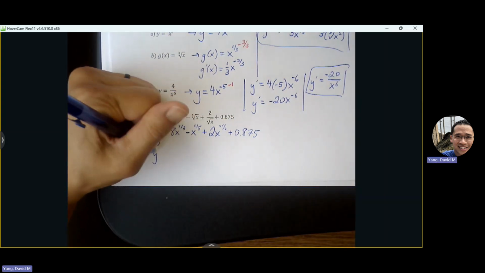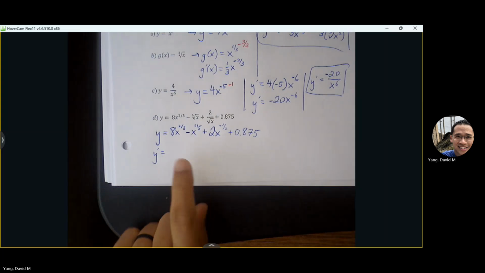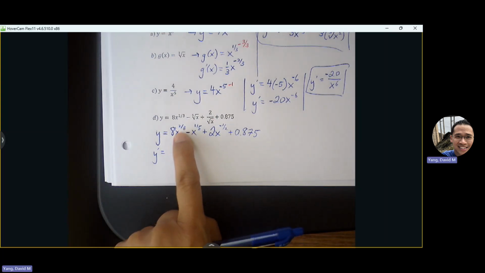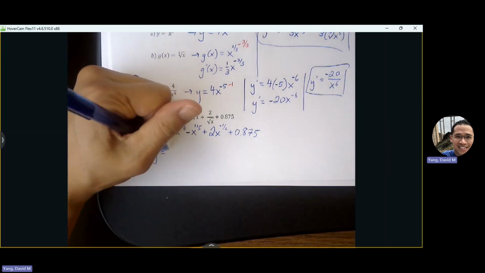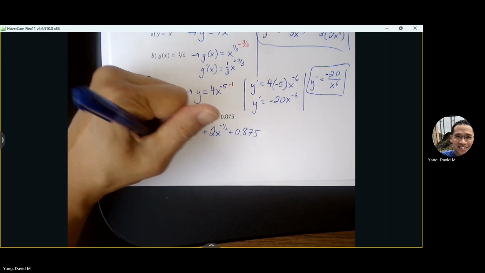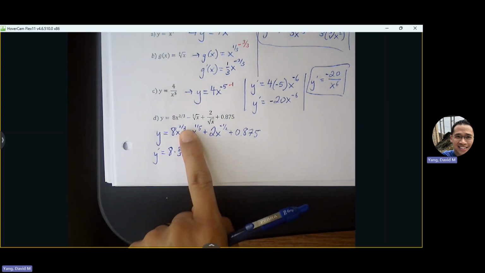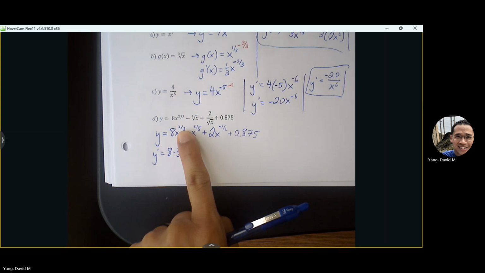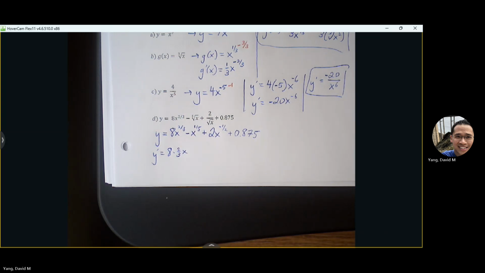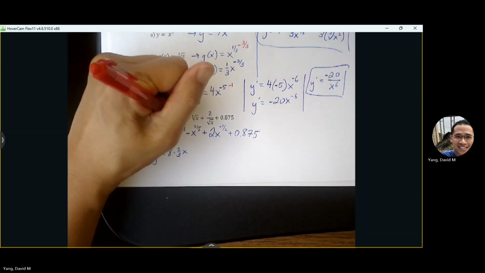Okay, so now y prime. Okay. Bring the exponent down, multiply with that coefficient in front. Okay, what's my new exponent going to be? Two-thirds minus 1 is, yeah.